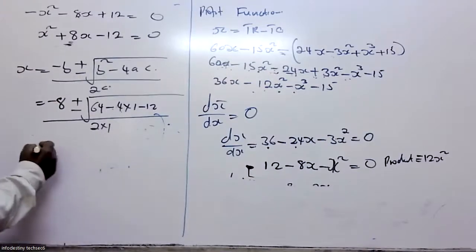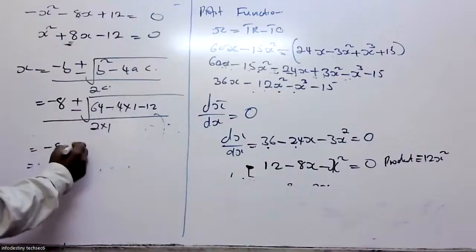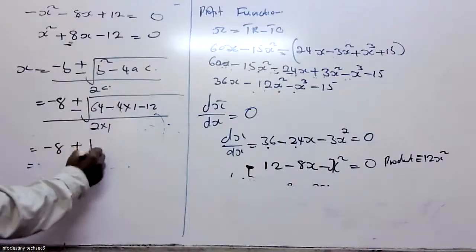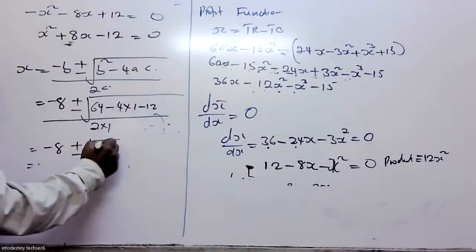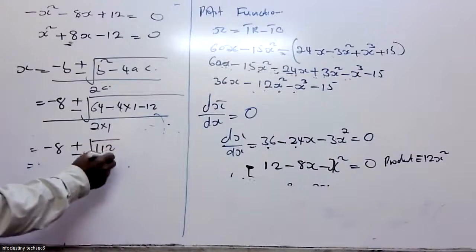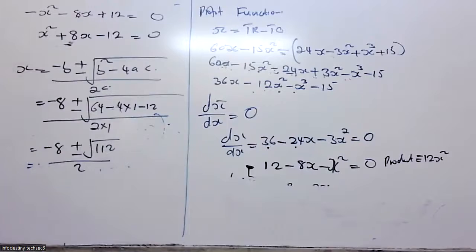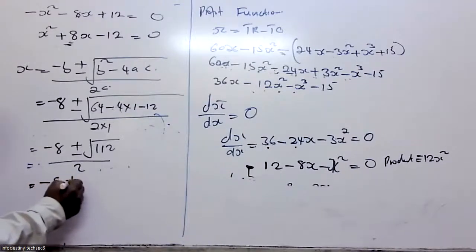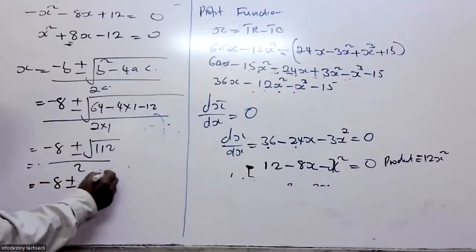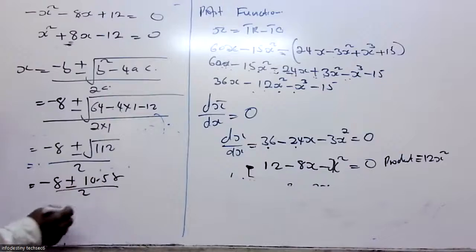So that's going to be minus 8 plus or minus square root of 112, divided by 2. Get the square root of this, 10.58. So that's minus 8 plus or minus 10.58 divided by 2.